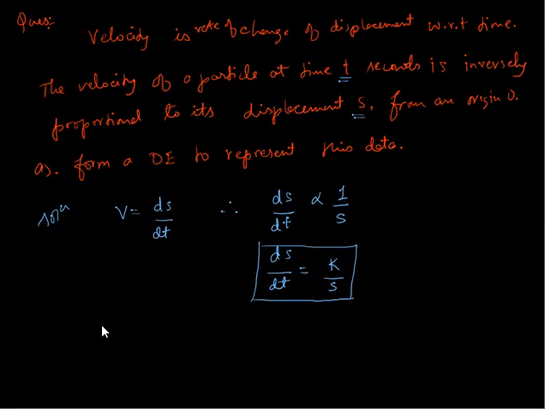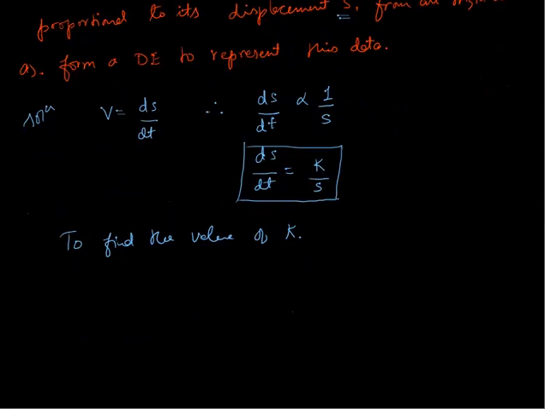Now, to find the value of k, certain conditions will be given to us in the question. For example, let's say we are given that these are the initial conditions. The particle has a displacement of 2 meters.